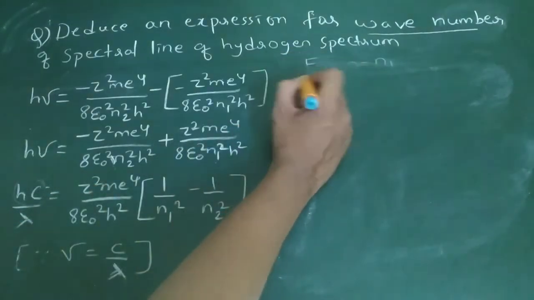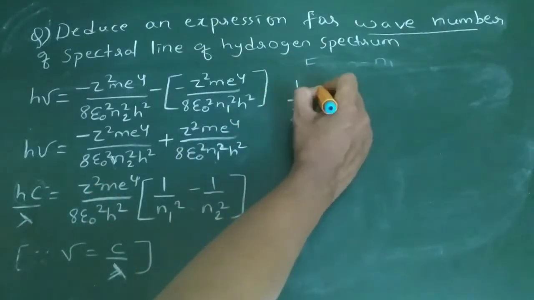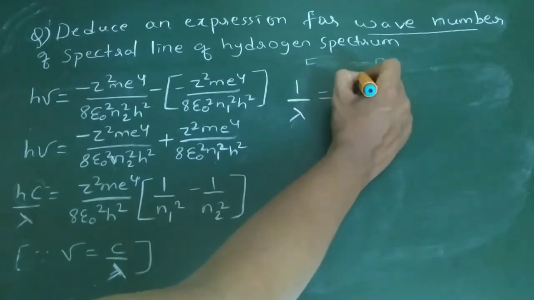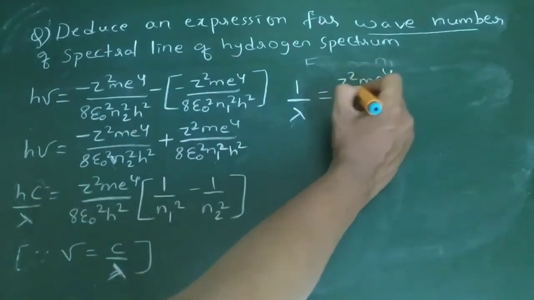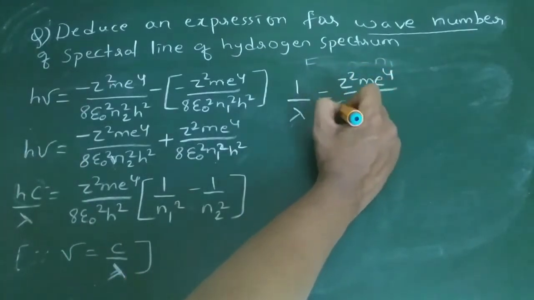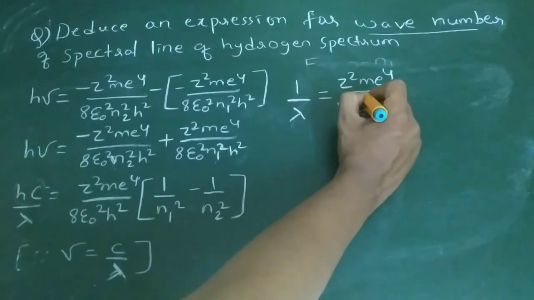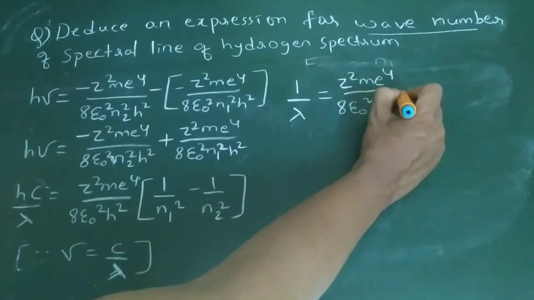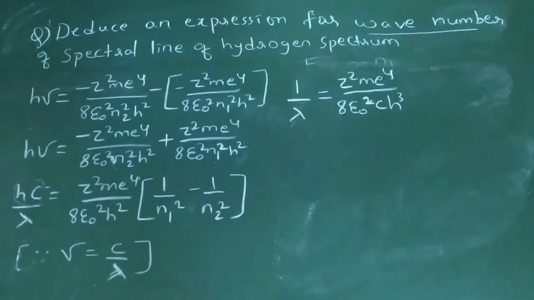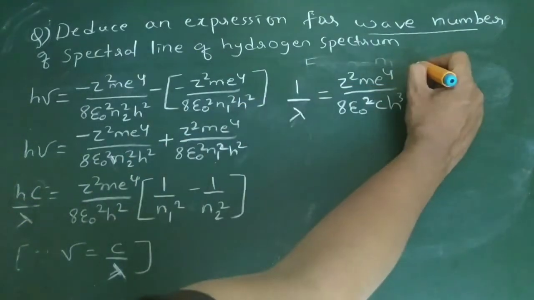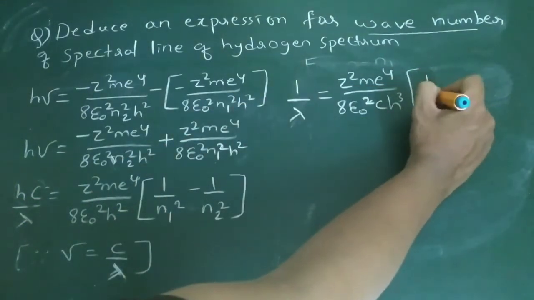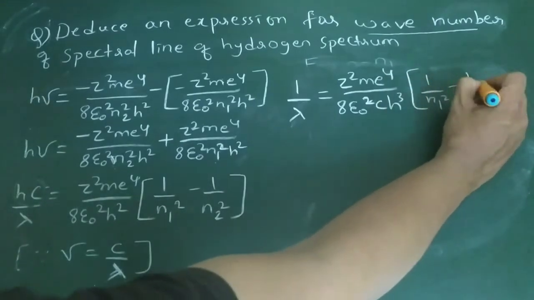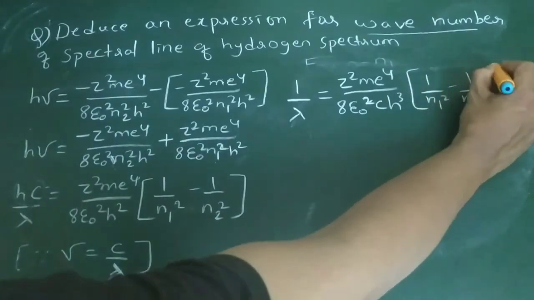You will get 1 by lambda is equal to z square m e to the power of 4 divided by 8 epsilon naught square c h cube. Are you getting that? This is one h, this is another h, and c I am taking this side, into 1 divided by n1 square minus 1 divided by n2 square.